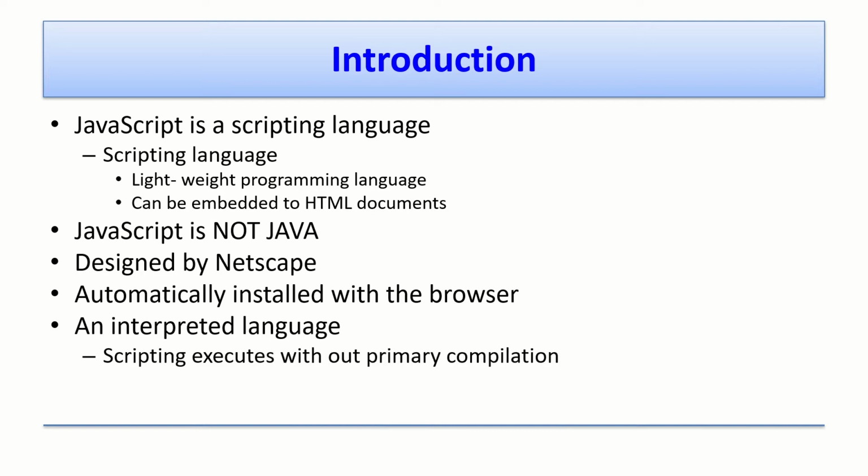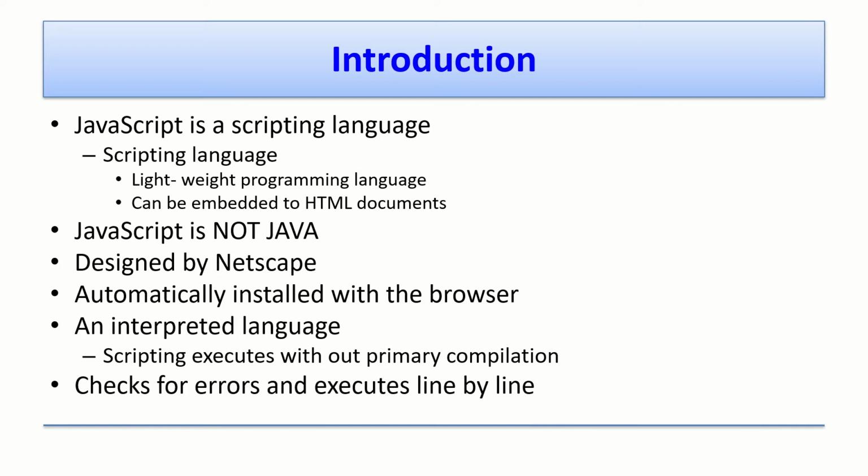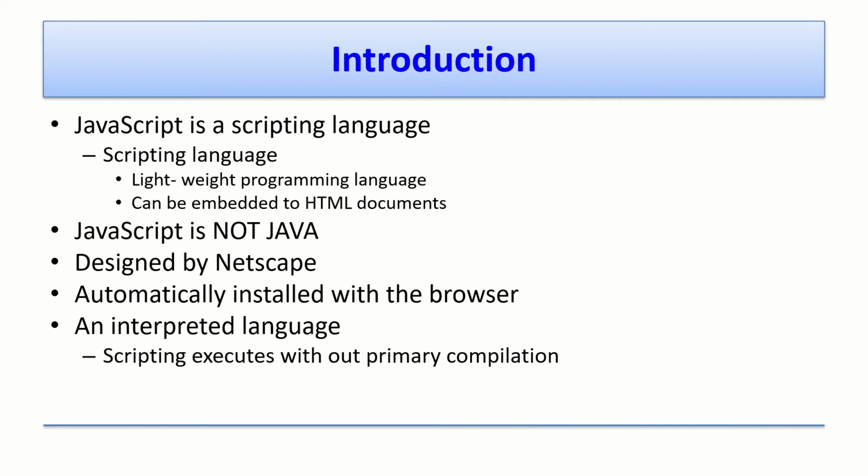If it is an interpreted language, the script executes without prior compilation, right? Again, I need to mention that this can be studied in our computer programming course. So I'll explain what an interpreted language is in our computer programming course, right?